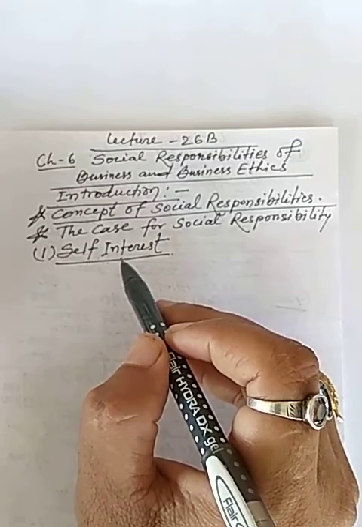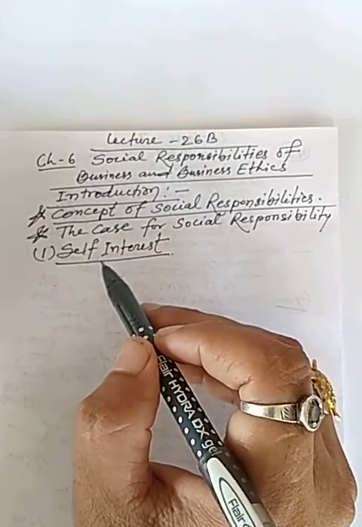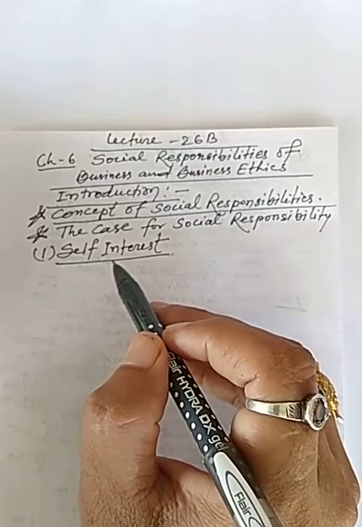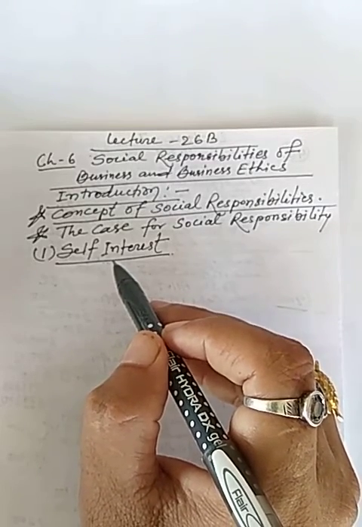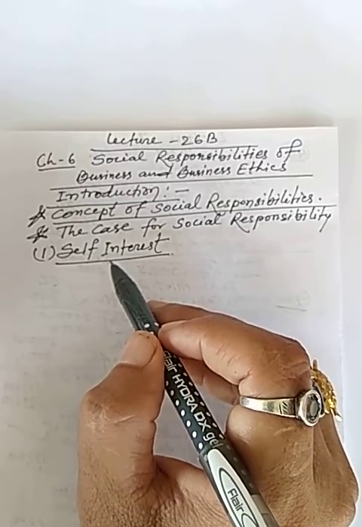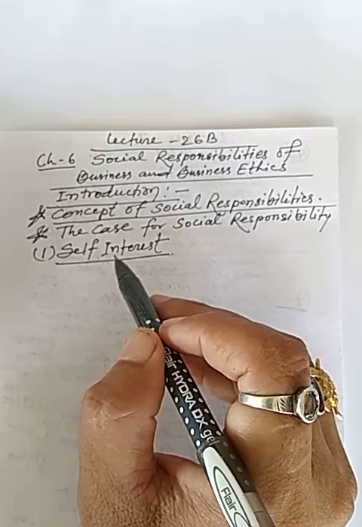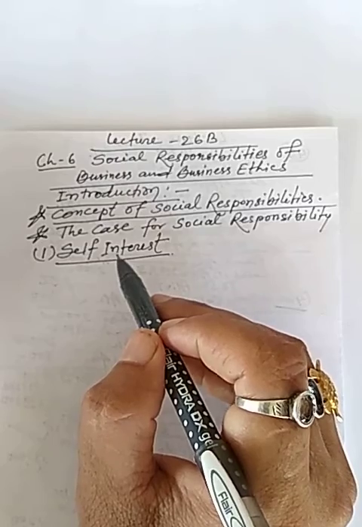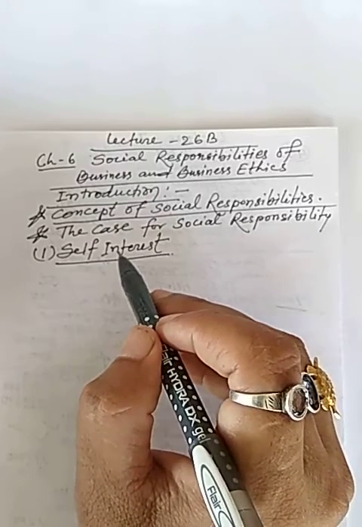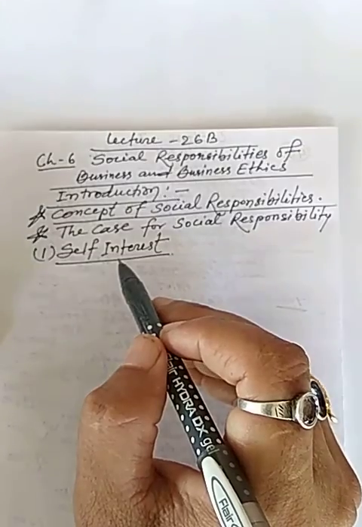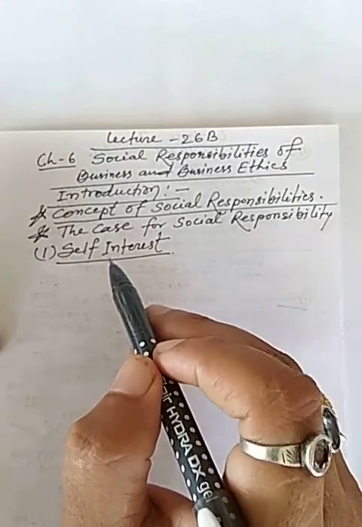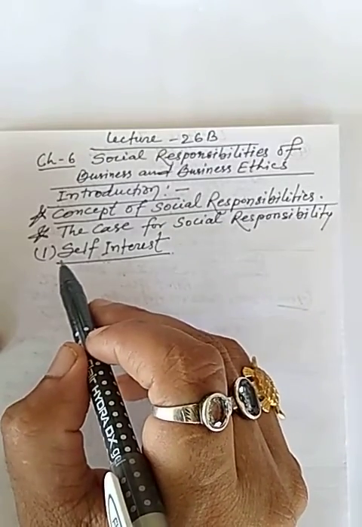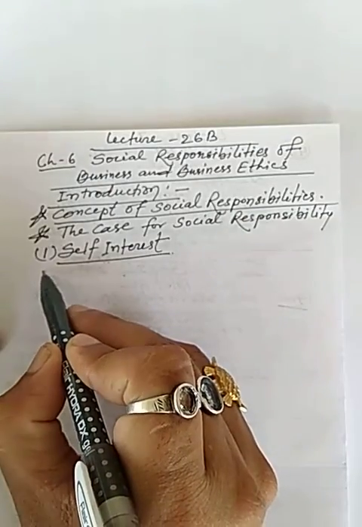For the long run, the business must meet the expectations of the members of society. The way society is giving business what it requires, in the same way business must give society what it wants. So it can be said this is the self-interest of social responsibility.